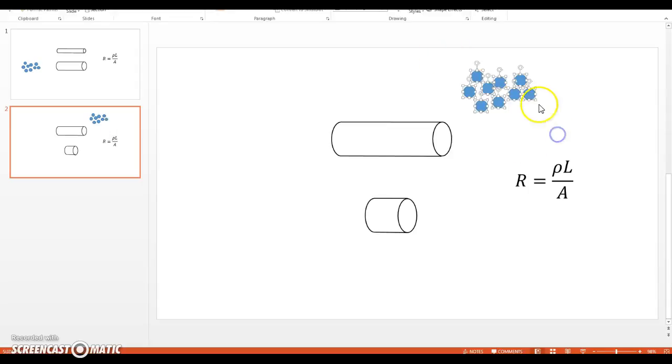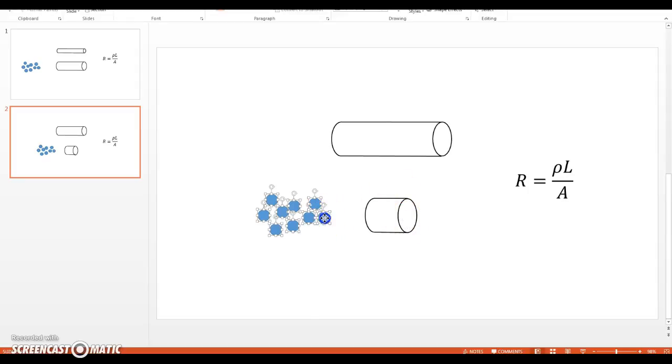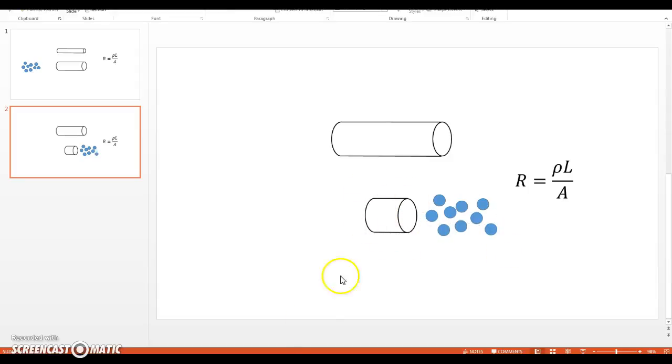When you send the charges through a smaller wire, each individual charge has less resistance to get through because there's a smaller wire. So that's why the resistance decreases when it's a smaller length.